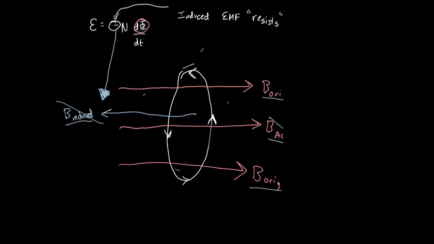Correspondingly, the opposite could be true, right? So if I draw a loop and I have two magnetic fields going through this, we'll call those the originals.